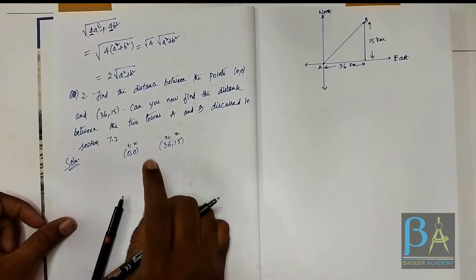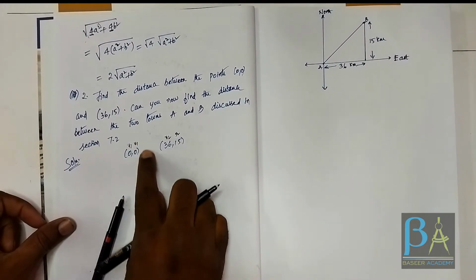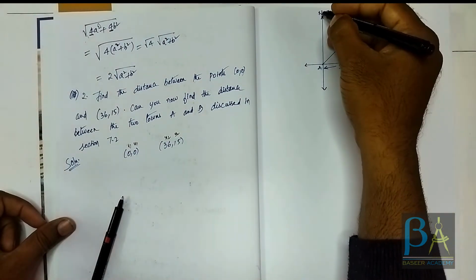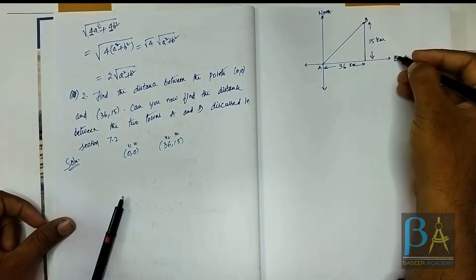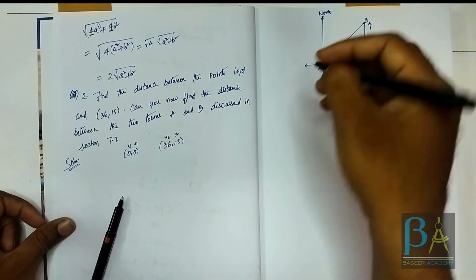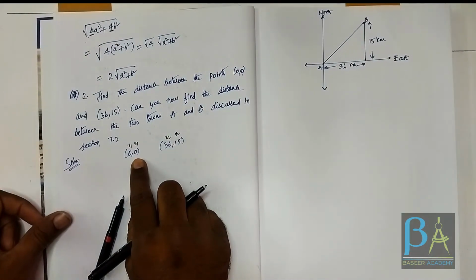But then, since the first point is an origin, I understand the x-axis and the y-axis, the point where the x-axis and the y-axis meet, we call it as the origin, and the coordinates of the origin are always 0, 0, right?